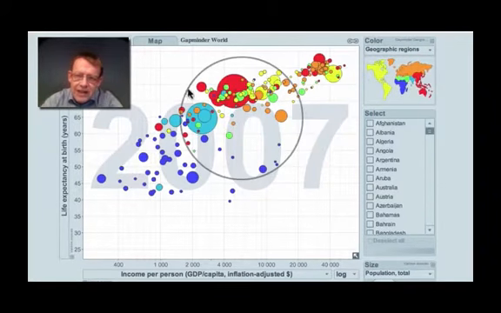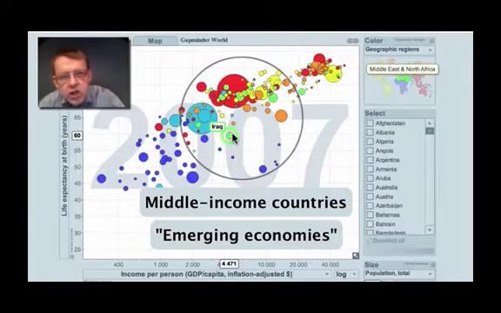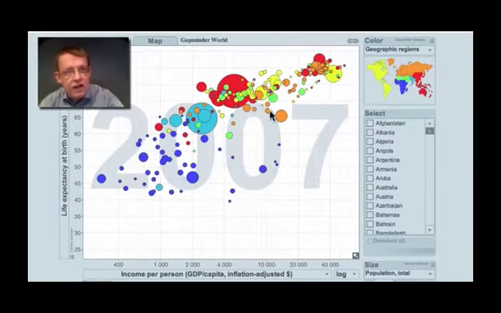But what's meant with that expression is that the middle-income countries here, also called emerging economies, they have now relatively good health, basic education for all, and some have very good education, are very capable, and they can compete with the high-income countries in a completely new way, which we especially see now during the financial downturn. And in 2009, the income will fall in most of the high-income countries.